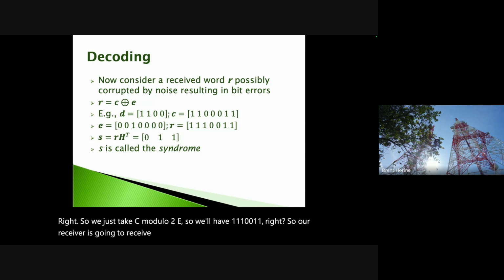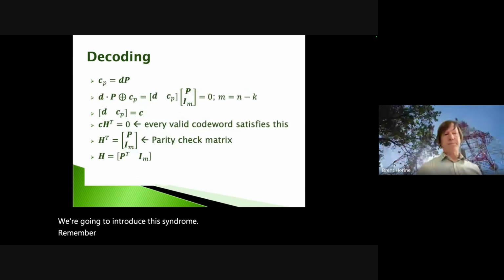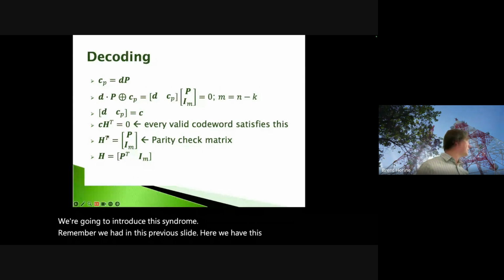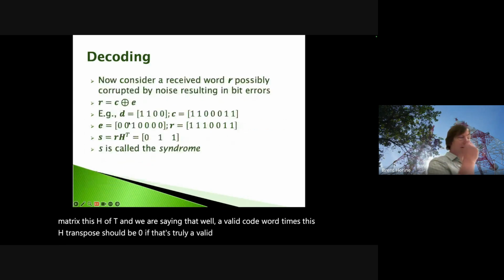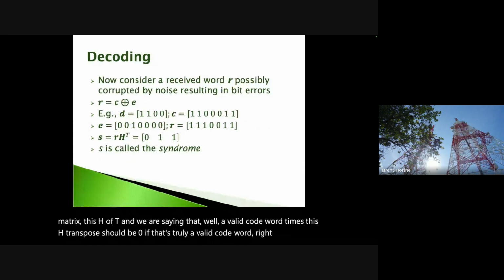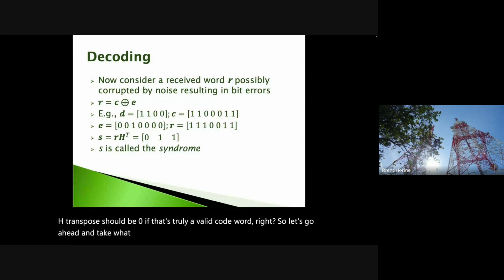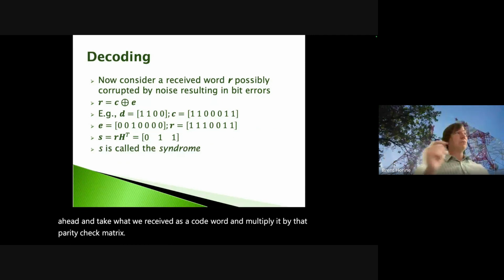And now we're going to introduce the syndrome. Remember, in the previous slide we had this parity check matrix, H transpose. A valid code word times this H transpose should be 0 if it's truly a valid code word. So let's take what we received as a code word and multiply it by that parity check matrix, and see what the result is.